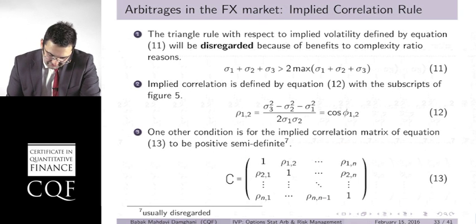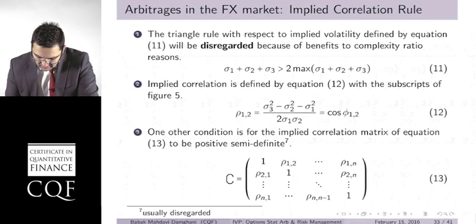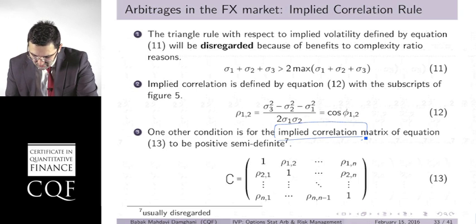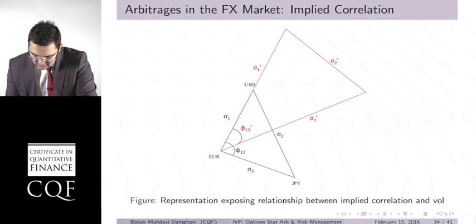You can also have arbitrages theoretically on the implied correlation as well. You hear quite a lot of things like this, but it's actually quite difficult to take any kind of position that would allow you to access that kind of information.